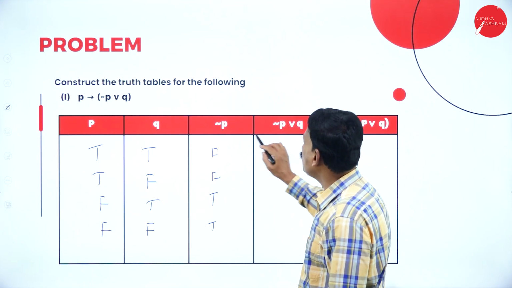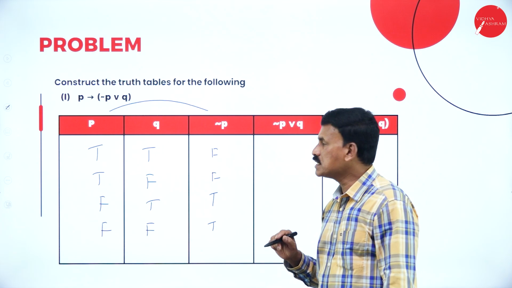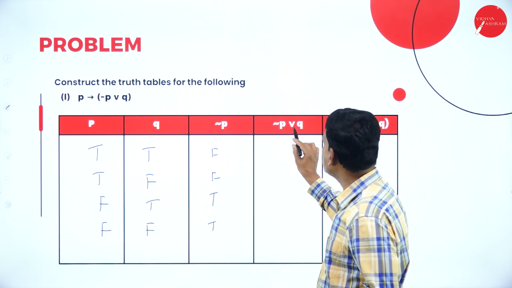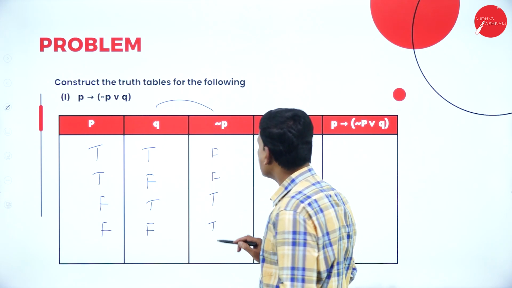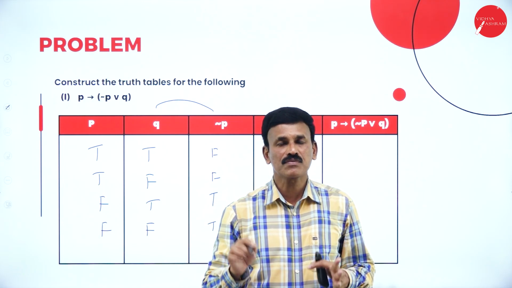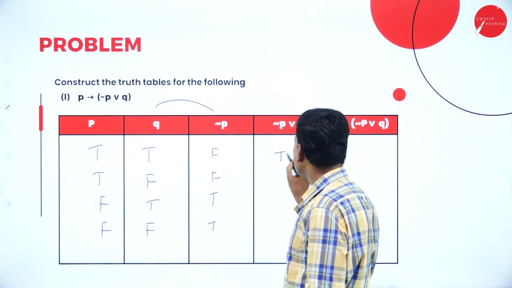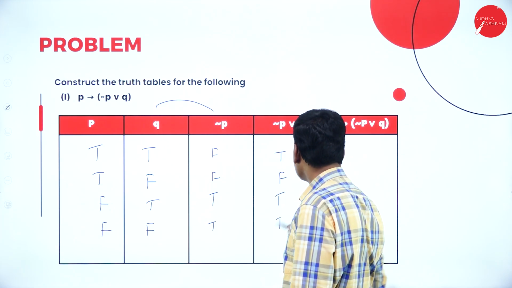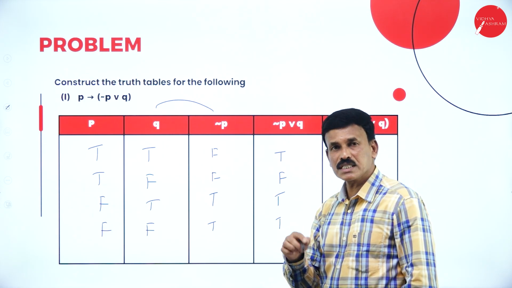Next, negation of P and the disjunction for Q. So you know what the disjunction is? If F and F, then it is false. In other cases it is true, right? Now write down the disjunction for negation P and Q. In disjunction, false and false is false, remaining cases are true.